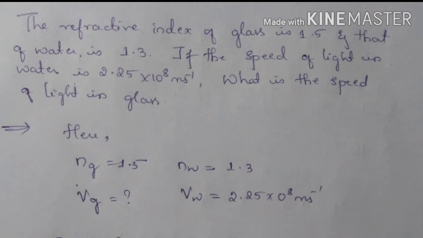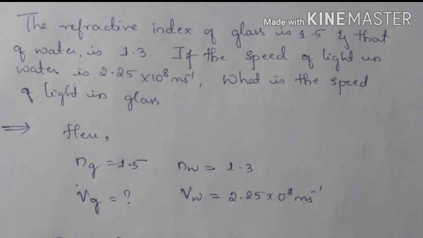He has given the speed of light in water, that is 2.25 into 10 power 8 meters per second. Now our turn is to find the speed of light in glass. So the data here is Ng, the refractive index of glass, is 1.5 and Nw, the refractive index of water, is 1.3.